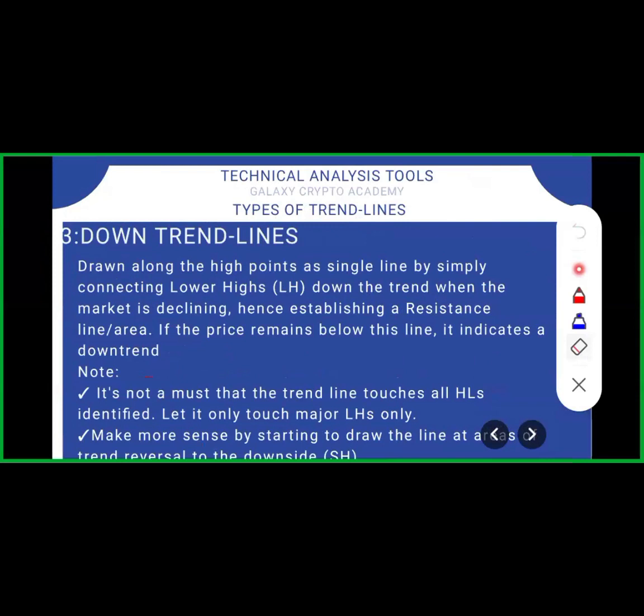Now, when you're drawing a trend line as a single line on a downtrend market, first of all, you draw it above as you connect your lower highs. You're connecting two or more lower highs together in the course of that downtrend.